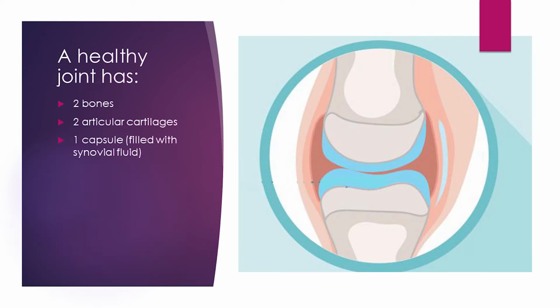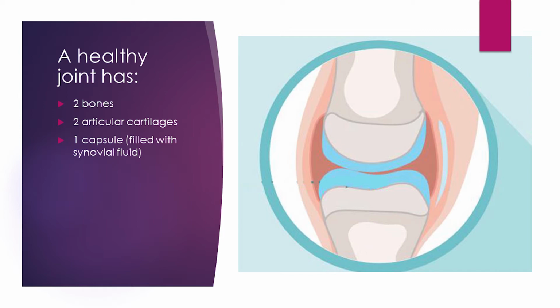Before we start talking about RA, let's take a look at a healthy joint. Normally, you have two bones and two articular cartilages at the end of these bones, which act like a protective cushion. This is an example of a synovial joint.